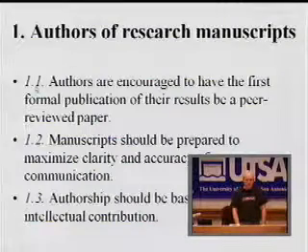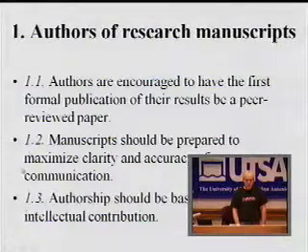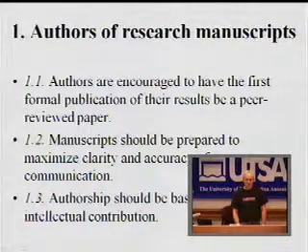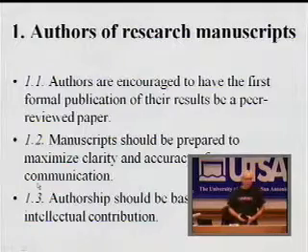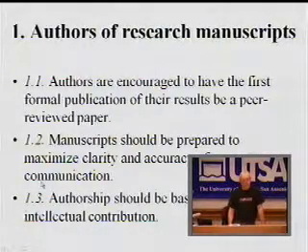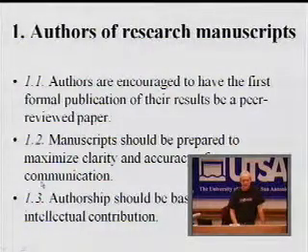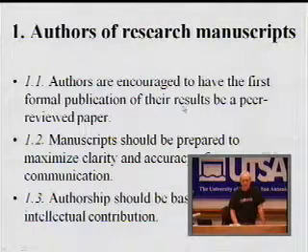So here we see 1.1, 1.2, 1.3 under the main heading 1, authors of research manuscripts. So this is codified. So this is a code of ethics for the ethical conduct of publishing a manuscript. So the authors are encouraged to have the first formal publication of their results in a peer-reviewed paper.